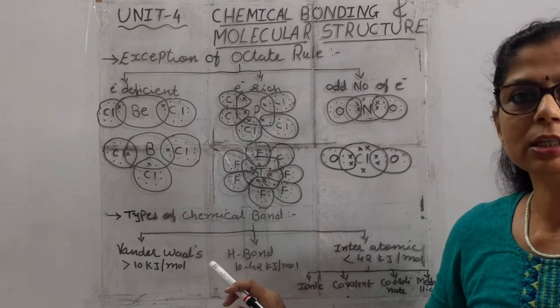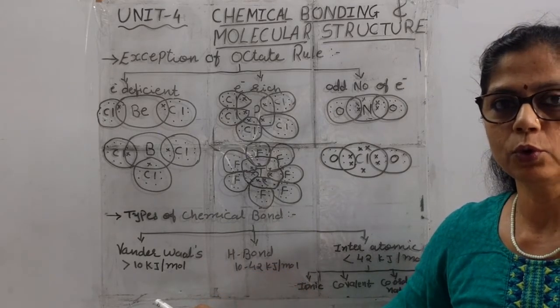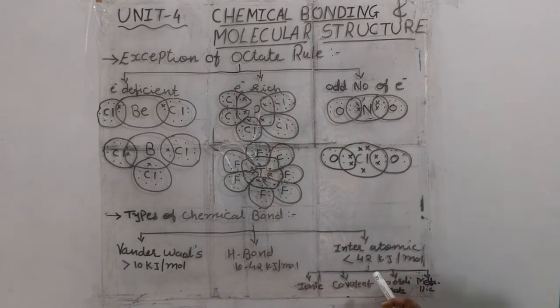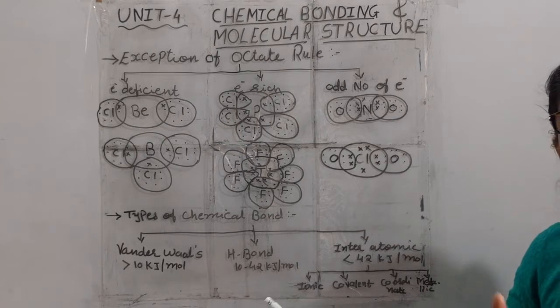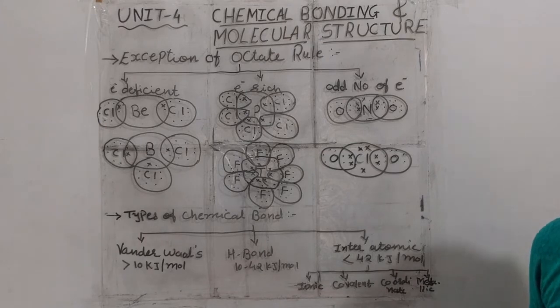And the higher energy, above 42 to nearly 200 kilojoule per mole, is required for the formation of an ionic bond.